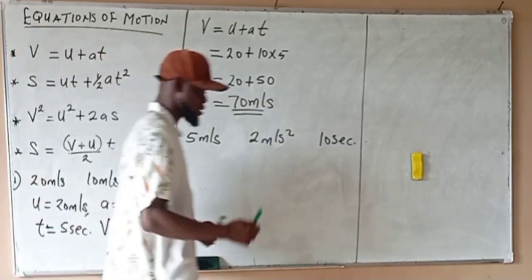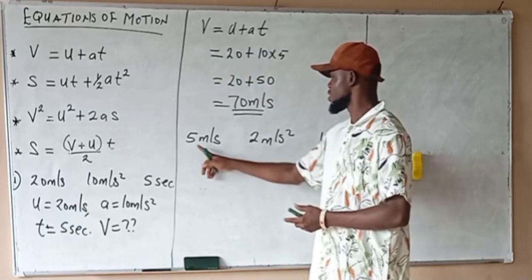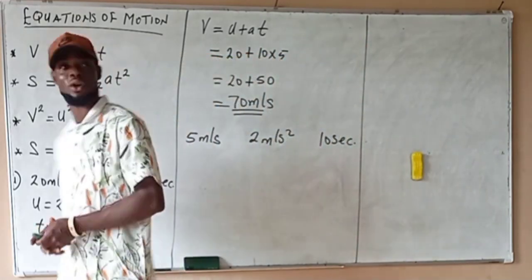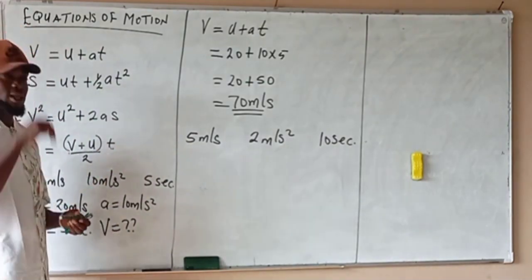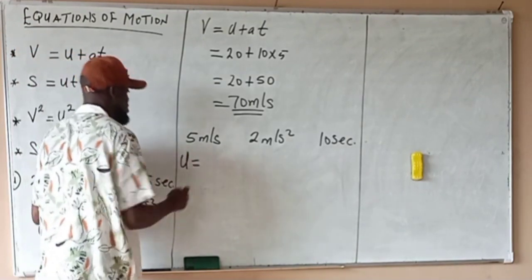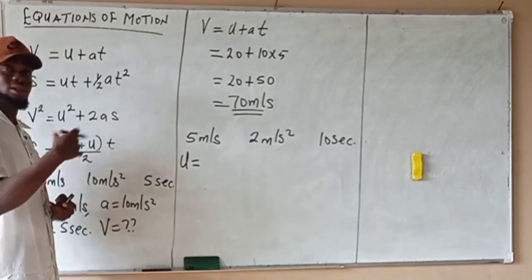What will be the distance moved by the body? Whose initial speed was 5 meters per second and accelerated at the rate of 2 meters per second square for 10 seconds. Now, what are we looking for? Initial speed. Remember, when a velocity doesn't have direction, we call it speed.